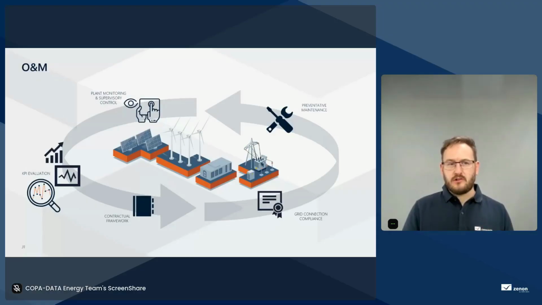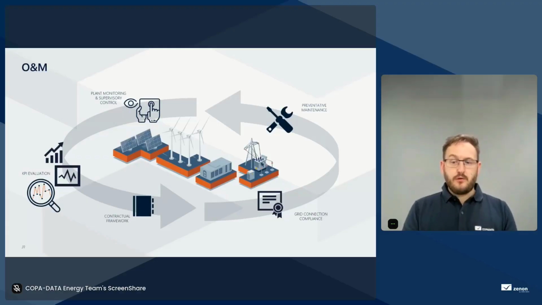Contractual frameworks: obviously they're under a specific contractual framework when it comes to guaranteeing that a DER maintains a certain level of efficiency. This could be a hard limit when it comes to solar PV or batteries. They also need to have a contractual framework which declares the length of the O&M contract for that specific DER.